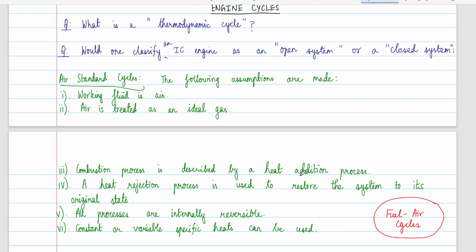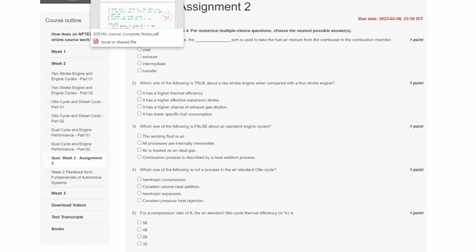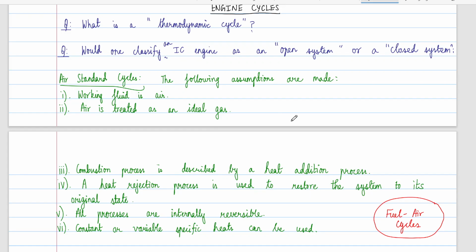Week 2 Q3 has no right answer. By and large, these are... This has been like, I don't know, the fifth or sixth rerun of the course.